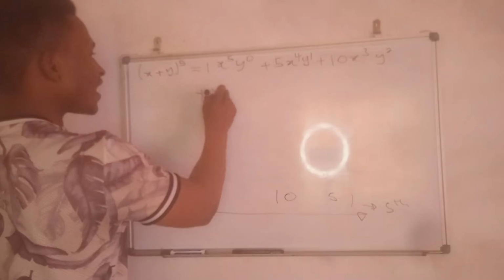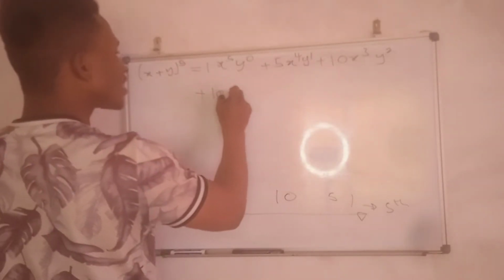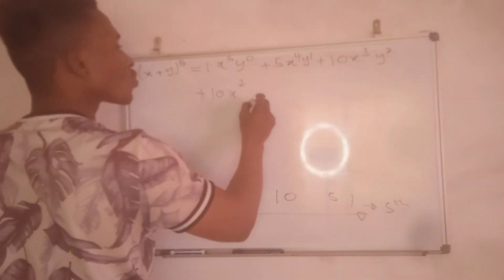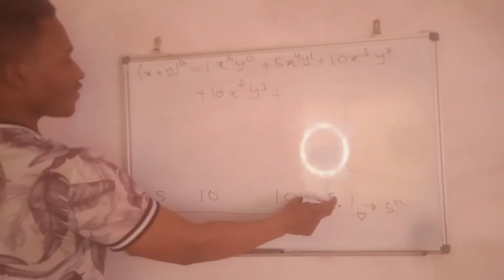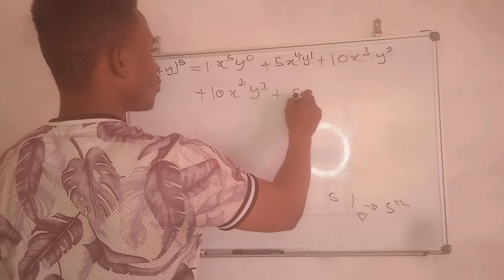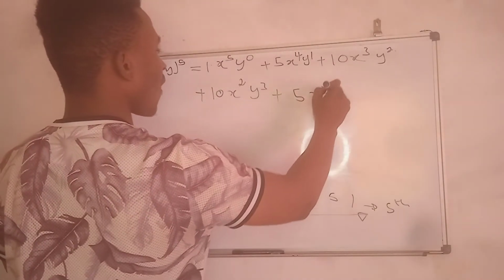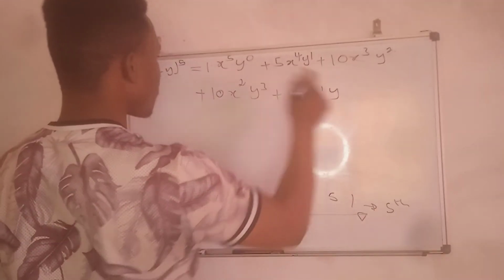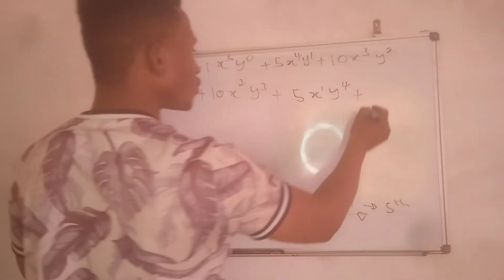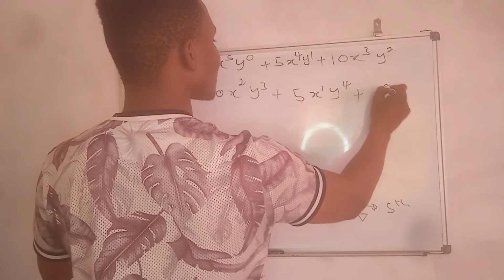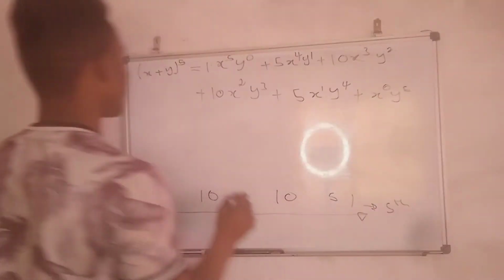I can add 10 again. x decreases by 1, so it's going to be squared, and here it is going to be 3. Plus, this is the last, which will be 5x to the power 1 and y to the power 4. Plus, this is my last coefficient, which is just 1, so it's x to the power 0, y to the power 5.